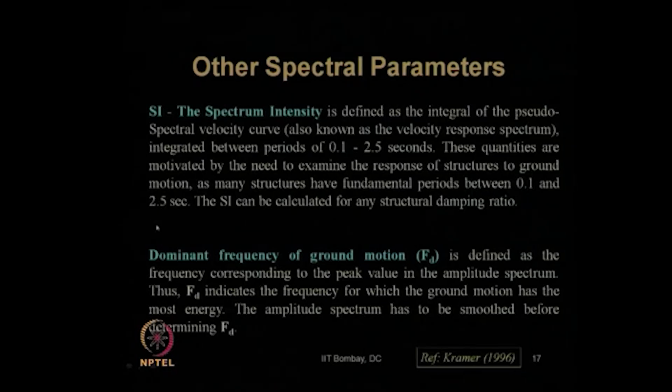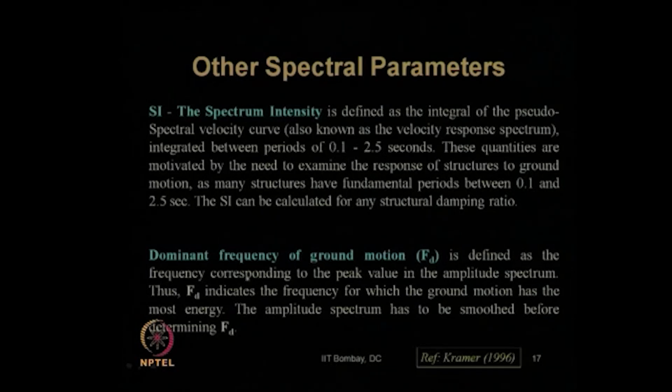And this is 1 by 2.5, the inverse of 2.5. That much hertz will be the typical range of the natural or fundamental frequency of the system. So, if your earthquake frequency also comes within that, then you have to take care of structural damages. That is the reason you integrate the pseudo velocity response spectra curve between the periods of 0.1 to 2.5.